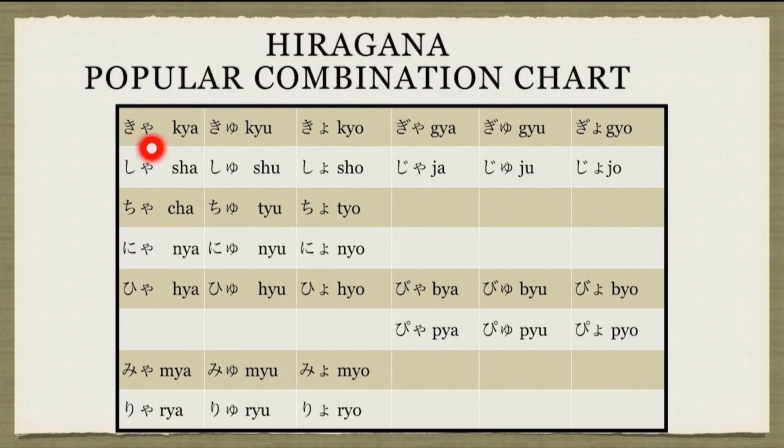Ki plus small ya, kya, kyu, kyo, sha, shu, sho, cha, chu, cho, nya, nyu, nyo, hya, hyu, hyo, mya, myu, myo, rya, ryu, ryo, gya, gyu, gyo, ja, ju, jo, bya, byu, byo, pya, pyu, pyo.